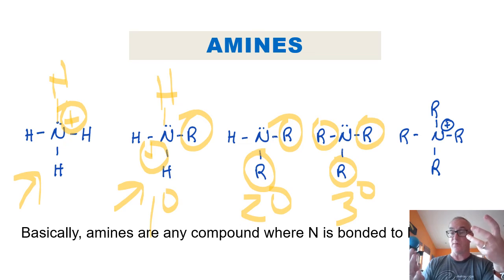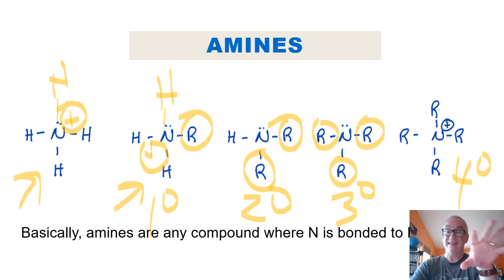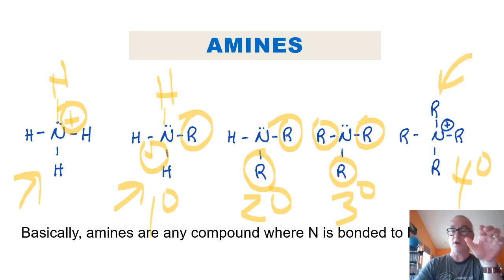When it does form 4 bonds, then it has a positive charge on it because it no longer has its lone pair. It only has 4 valence electrons, and it should have 5. So it becomes a positive charge. We call this a quaternary amine. And this has a permanent positive charge because all these are carbons and we can't readily replace them. So it's not like we can just pop a hydrogen on and off. Those are strong bonds, and so it basically has a permanent positive charge.